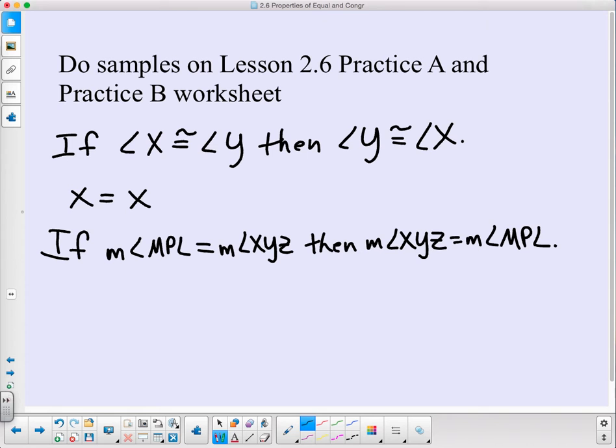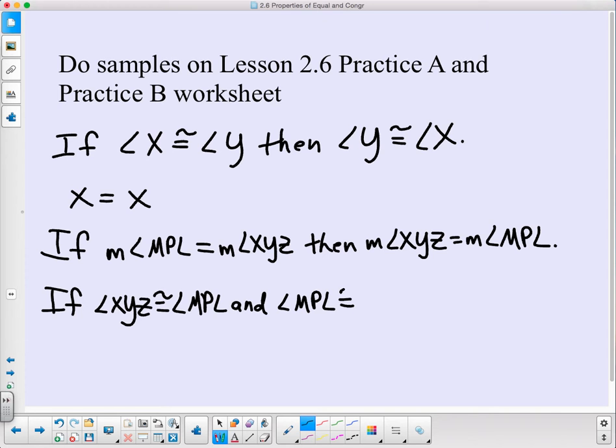If it's a transitive, it's going to look like if angle XYZ is congruent to angle MPL and angle MPL is congruent to angle RST, then angle, what would be my transitive statement?